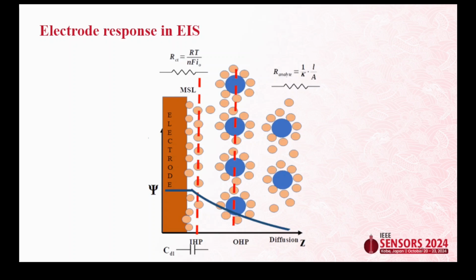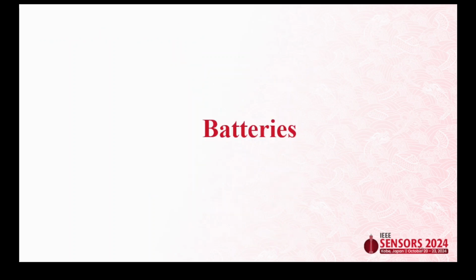The value for the analyte depends upon the conductivity of your electrolyte, whereas the charge transfer resistance is a temperature dependent process. So it is important to keep the environment of the room constant when you are taking the measurement, whereas the double layer capacitance depends upon the interaction of the ions with the electrode surface and the voltage that we are applying for the measurement.